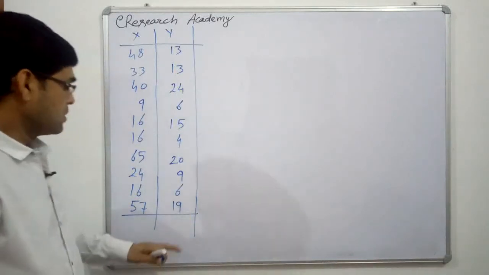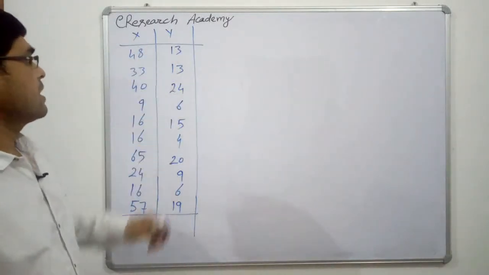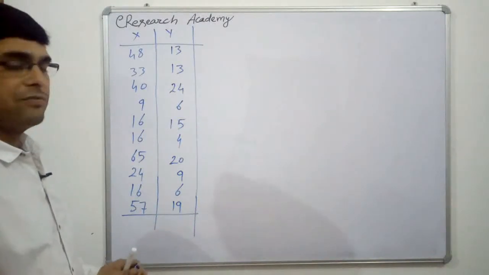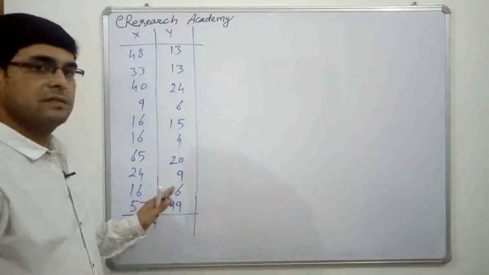So these are our observations on the X and Y series, and we have to find out the rank correlation out of it, right?